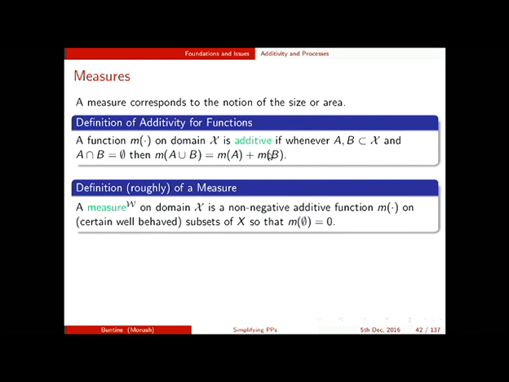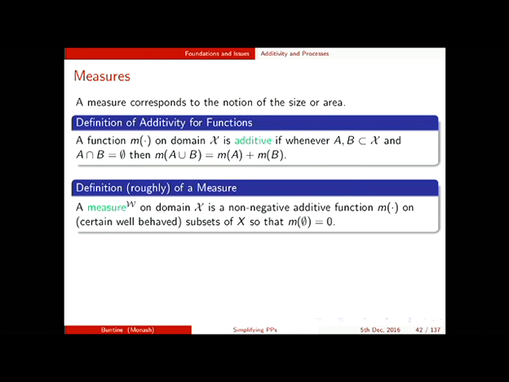But the idea is a measure is just a property on sets. It's additive, right? M of A union B, if they don't intersect, is equal to MA plus MB. And if you add that with M of the empty set is 0, you've got yourself a nice function, and it acts like a size.